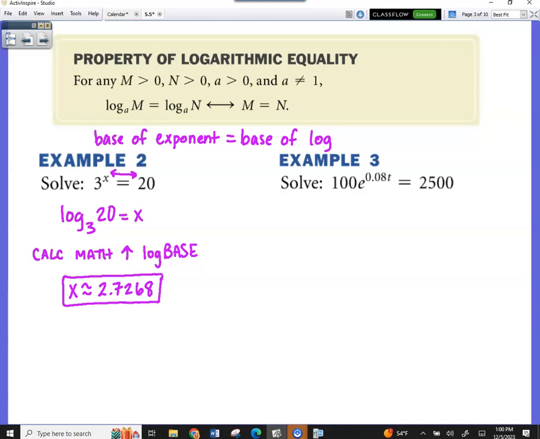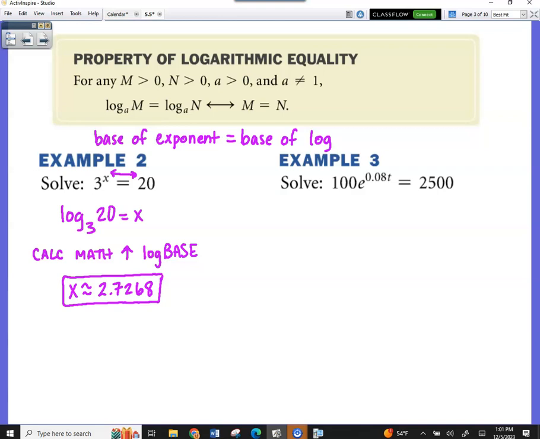All right, look at example 3. So when you're looking at it, you have 100 times e to this equals 2,500. I don't want to convert it yet because I don't have e to the power by itself. What's in the way?